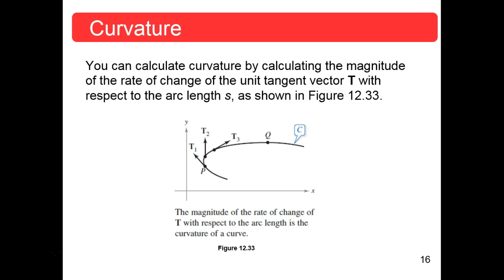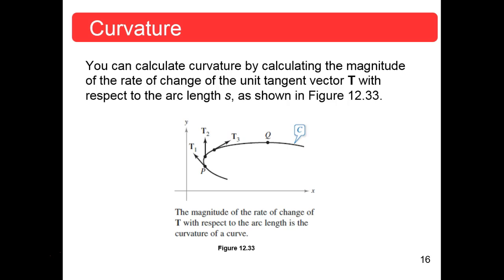Did the same thing at Q here. People at home can't see my fingers anyway, but if you were to put T1 and T2 at the same initial point, then the difference there is your change in T, and then put these two at the same point, you would have that.